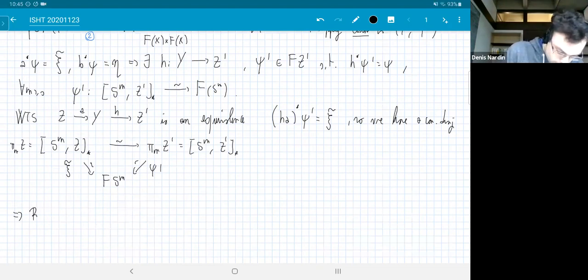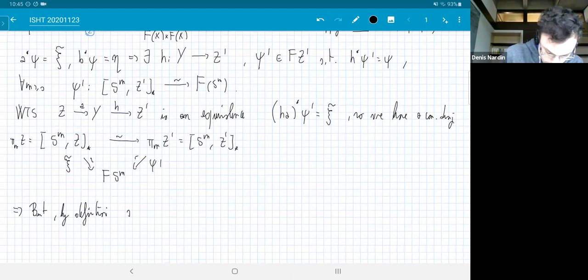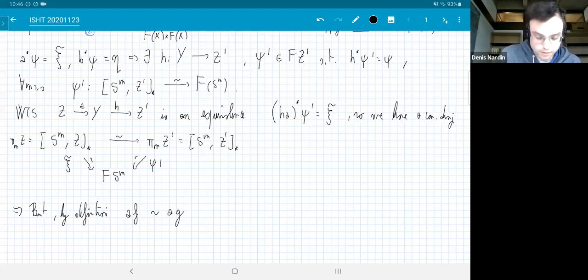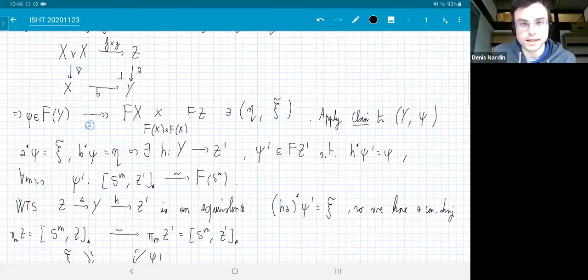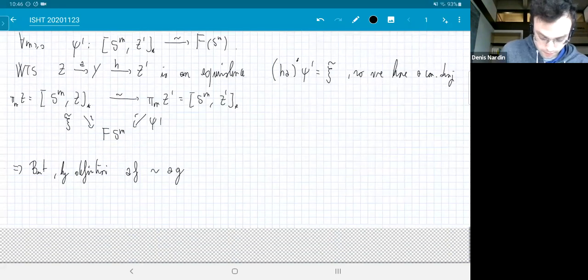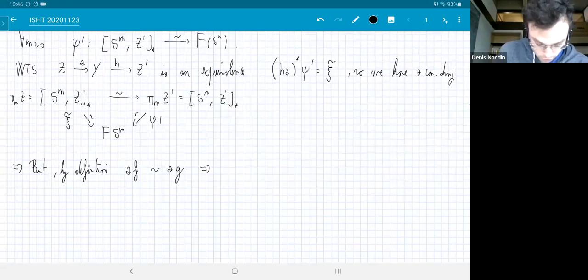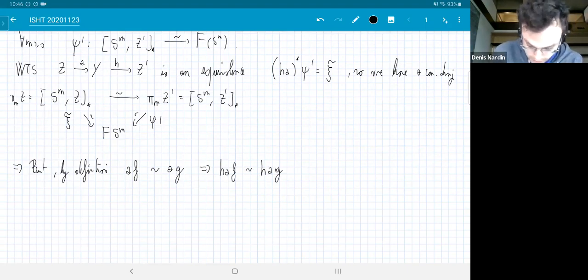But by definition, A F is homotopic to A G, because remember, this homotopy pushout is the universal object carrying a homotopy of A F with A G. Therefore, H A F is homotopic to H A G, but this is an equivalence.